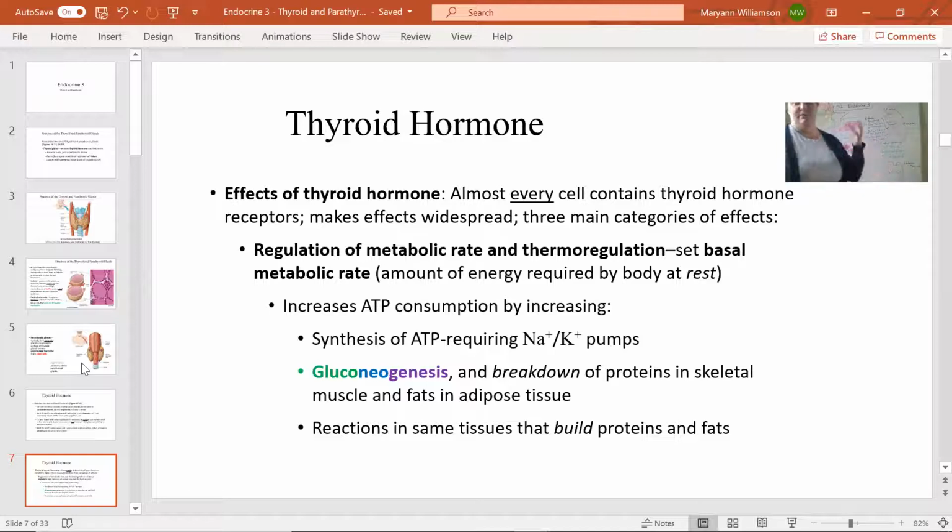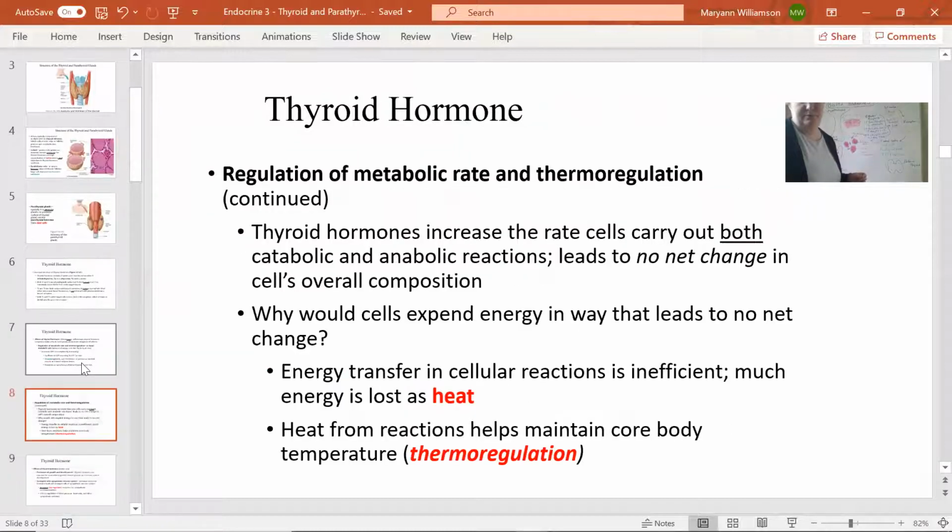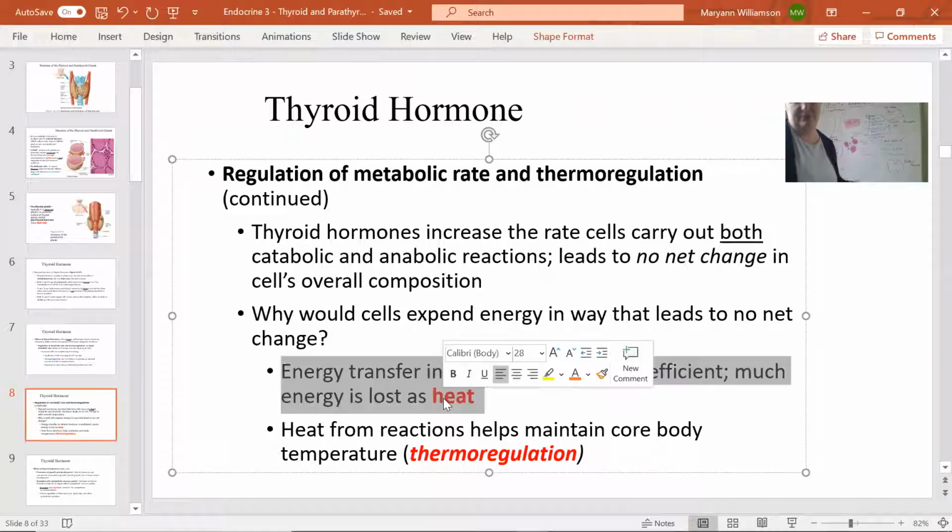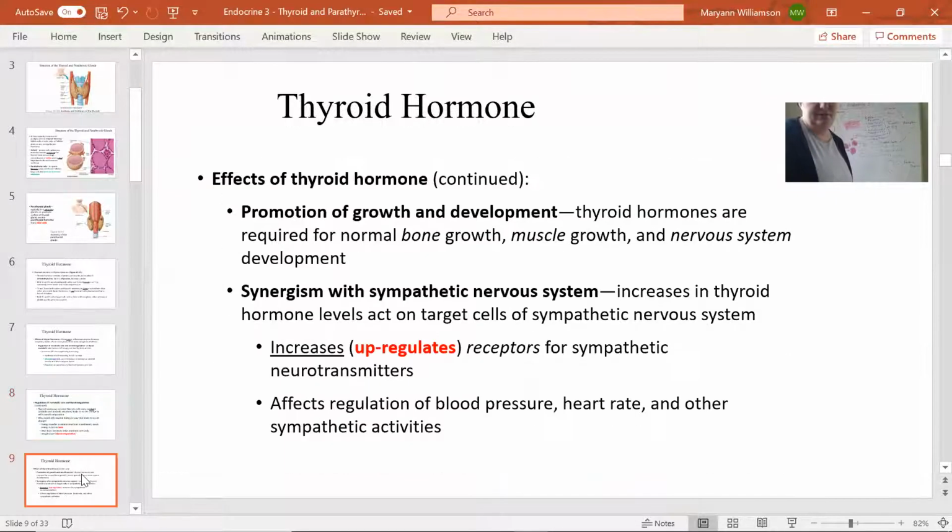So making it from skeletal muscle and from fats. And it's going to build proteins and fats. And here it's talking about the energy getting released as body heat, which we talked about already.